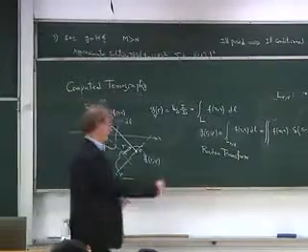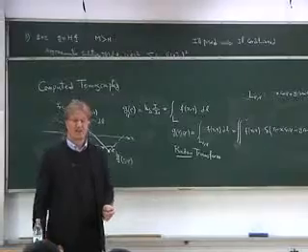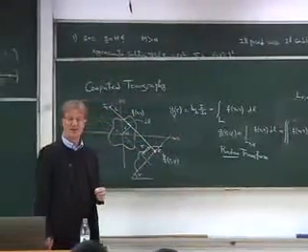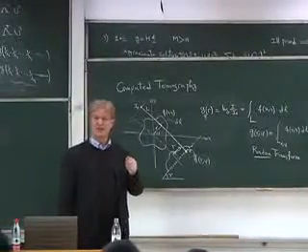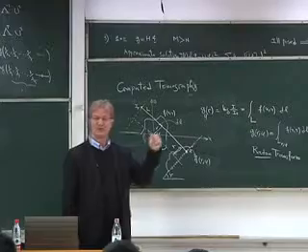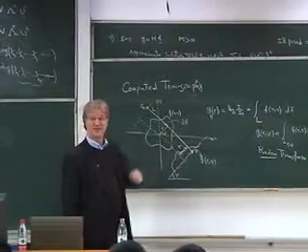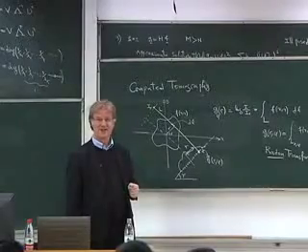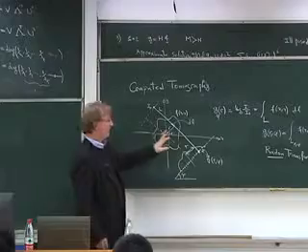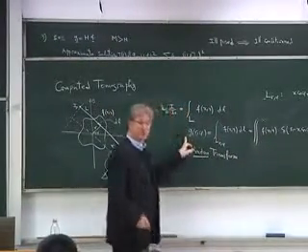Because Radon was a mathematician who was interested in this equation, and he proposed an analytic solution for the problem. That is why this is called the Radon transform. So the forward problem here is, if I know f, compute g.